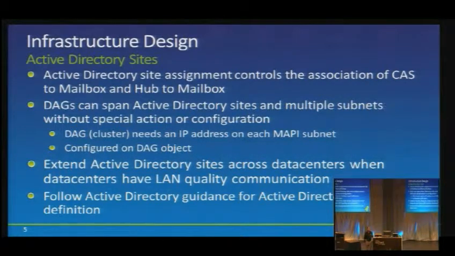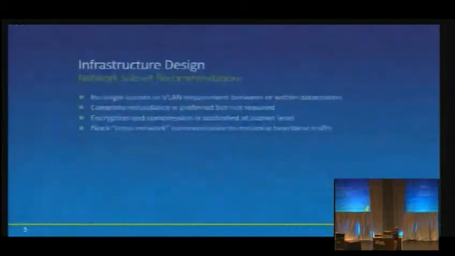They may be such that they're LAN speed, and you've got a single AD site across both of those data centers. Or you might have a data center here in Auckland and perhaps a data center somewhere in Singapore. Obviously, those are going to be 2 separate AD sites. You won't have the bandwidth to make them LAN speed. So those would be 2 separate AD sites. So that's the guidance that we're talking about.